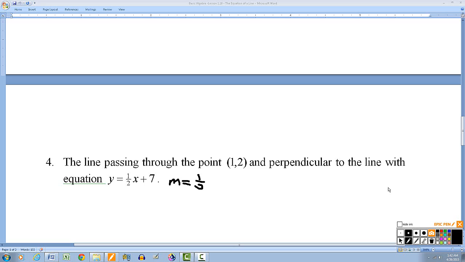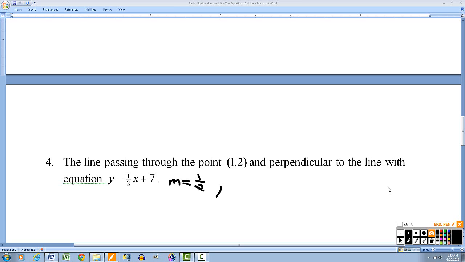Okay. Now, in this particular problem, you have to use a basic concept from geometry that tells you that two lines are perpendicular, that is, they intersect at right angles, if the slopes of the lines are negative reciprocals of each other. Another way to say that is the product of the slopes is -1.